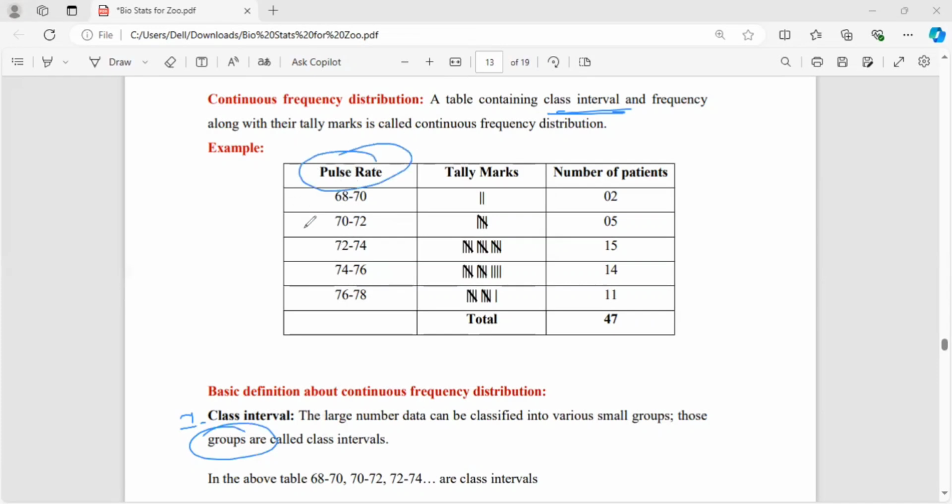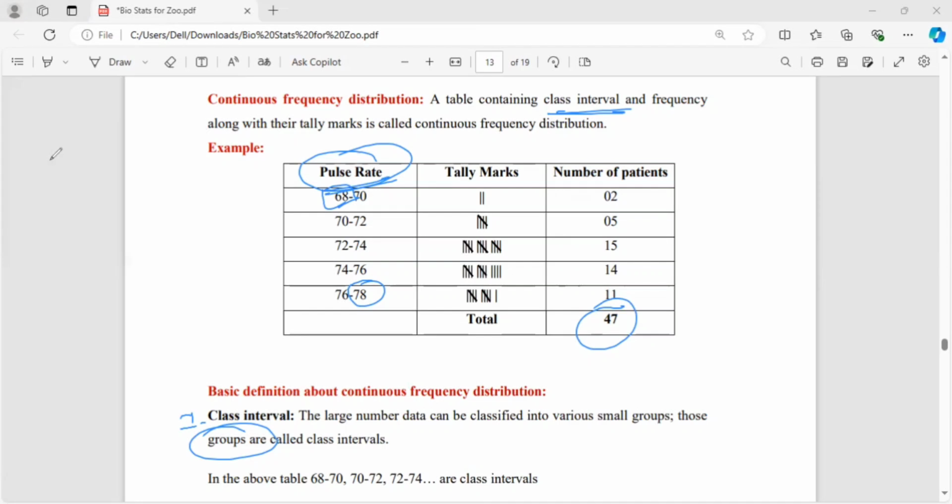When we observe the data, from 68 to 78, there are 47 patients in total. So how do we divide these 47 patients into small groups according to their pulse rate? For that, we can use continuous frequency distribution.